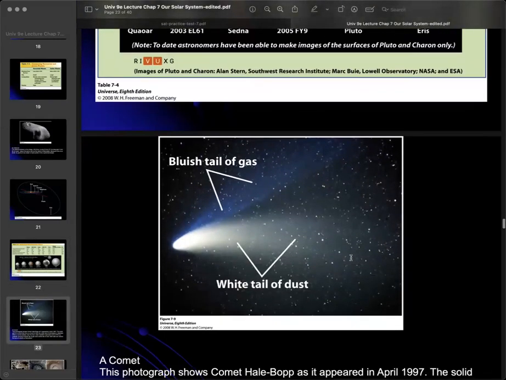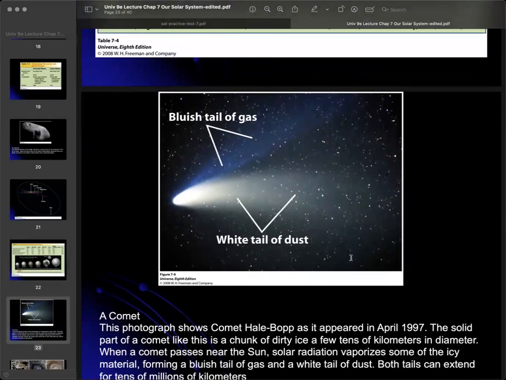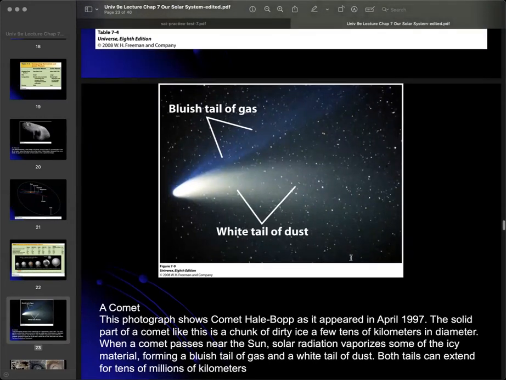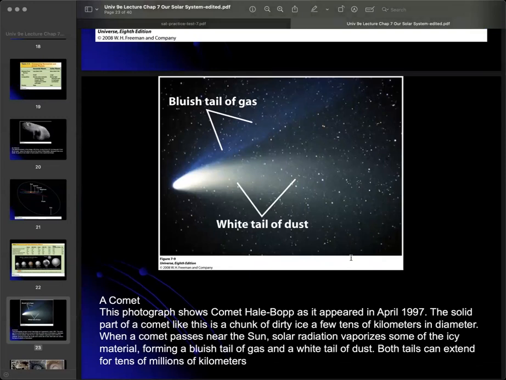Another type of member of the solar system are comets. When comets appear, they are the biggest objects that you can see in the sky. Comets are typified by their tail, having a body and a tail.